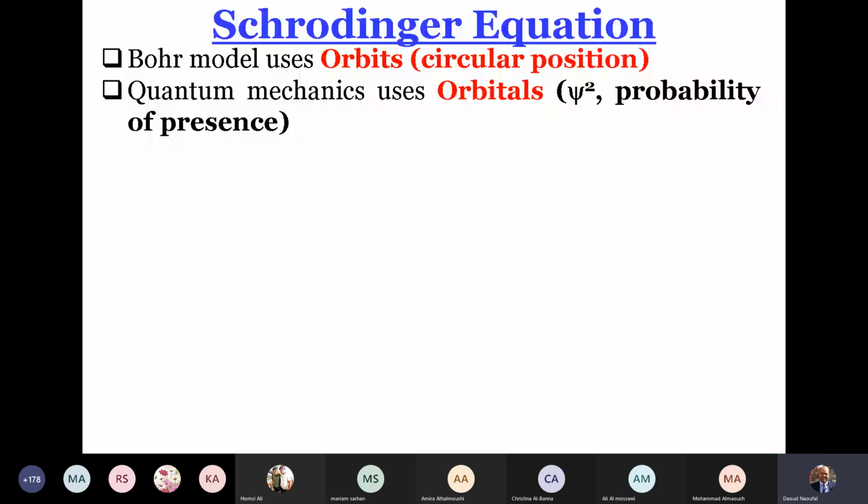And for a given position of coordinates x, y, z from the nucleus, we can calculate the probability of presence of this electron, and this probability may be between 0 and 90%.